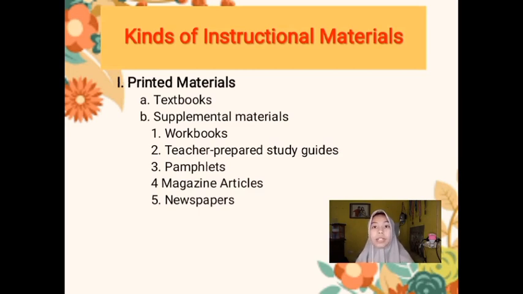For example, for this course, we use a textbook, Choosing Your Course Book, from Alan Cunningsworth 1995. And the second is supplementary materials, such as workbooks, teacher-prepared study guides, pamphlets, magazine articles, and newspapers.